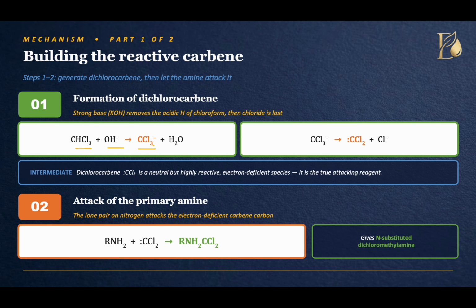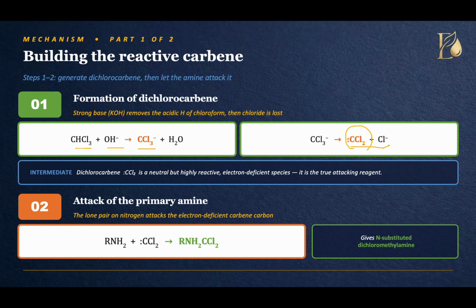This CCl3 minus releases a chloride ion, Cl minus, and as a result it produces dichlorocarbene. This intermediate, dichlorocarbene, is neutral but highly reactive because the carbon atom in dichlorocarbene is highly electron deficient. That is the first step, the formation of dichlorocarbene.